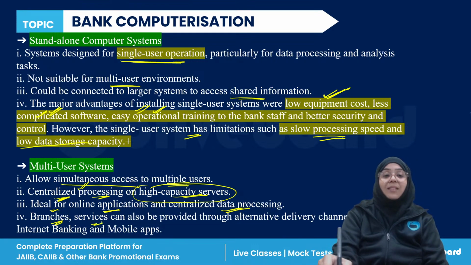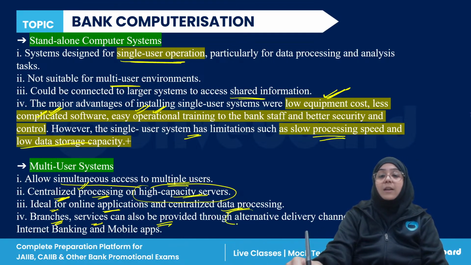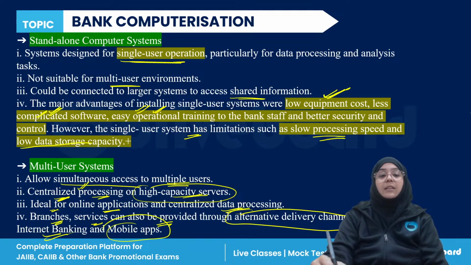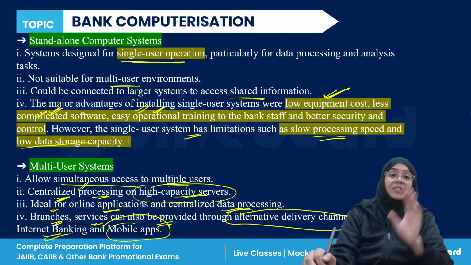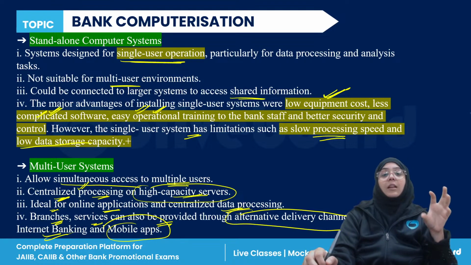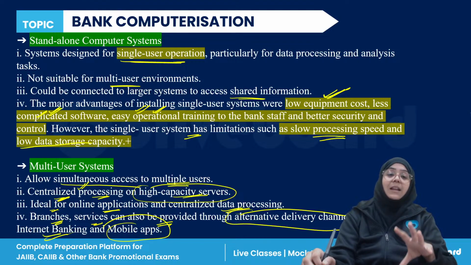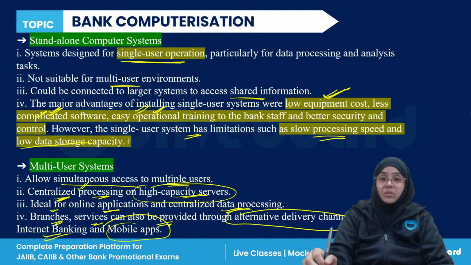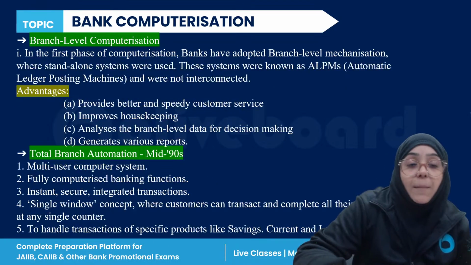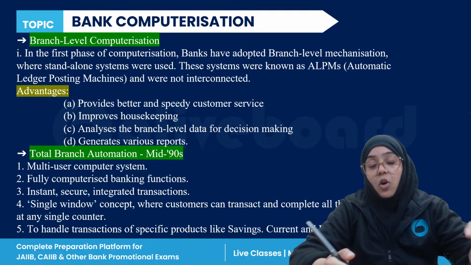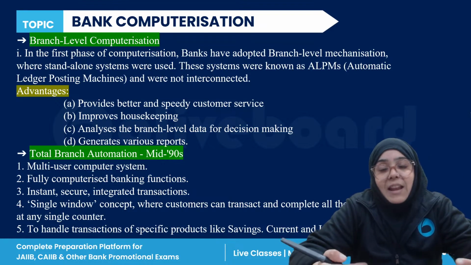The branch services can also be provided through alternate delivery channels, like ATMs, internet banking, and mobile apps. So a standalone computer is meant for single user operation, whereas a multi-user system allows simultaneous access to multiple users.